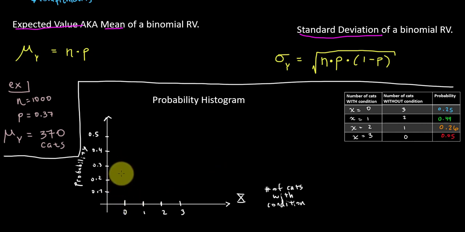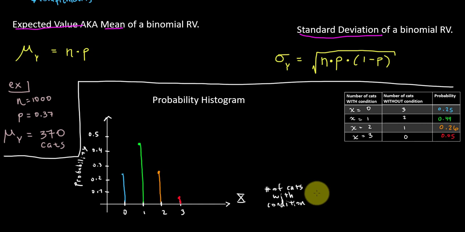So 0 successes goes up to about 1/4, so right around there. 1 success, largest probability at 0.44, that would be right around here. 2 successes, probability of about 1/4. Gosh, that's going to be almost unobservably taller than my blue up here. Maybe my blue is too tall. There you go. And then 3 successes, 0.05. That'll be pretty short right here.